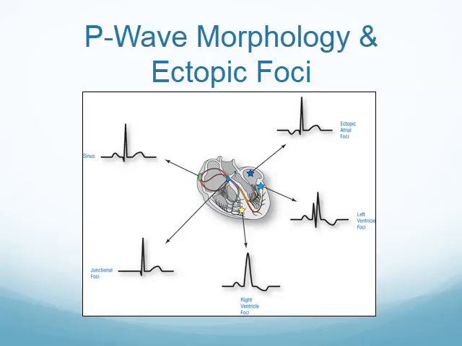Here we have two examples of ventricular foci causing a stimulus. Most of the time, you're not really going to see a P wave if you have a ventricular focus causing the beat. Occasionally, you can see it retrograde conducted backwards through the electrical system, but it's not very common.